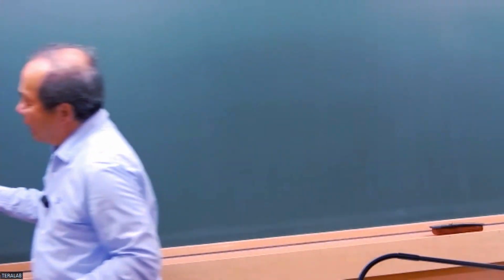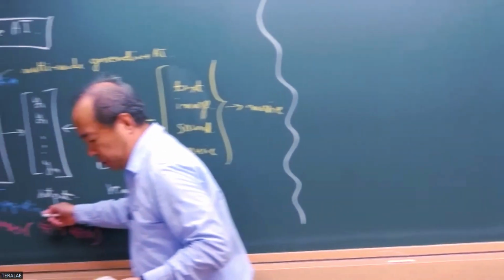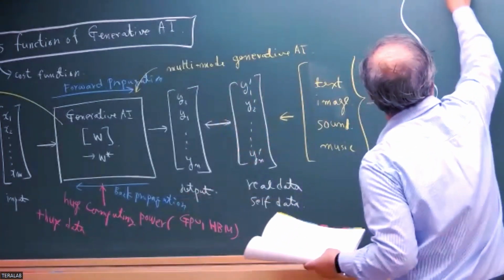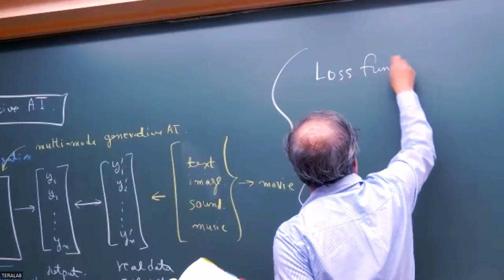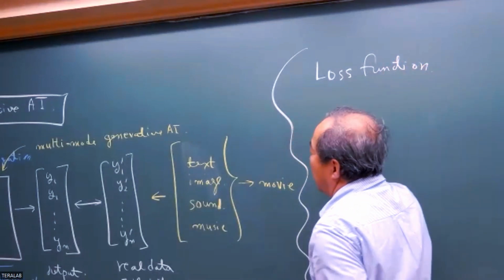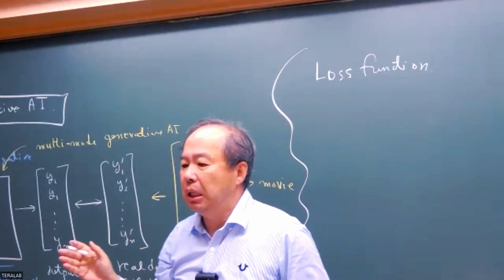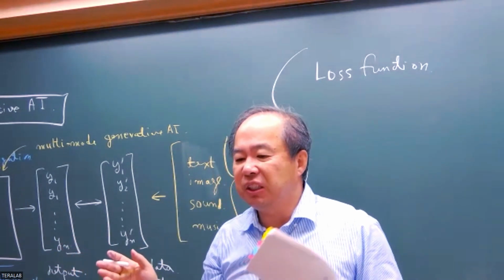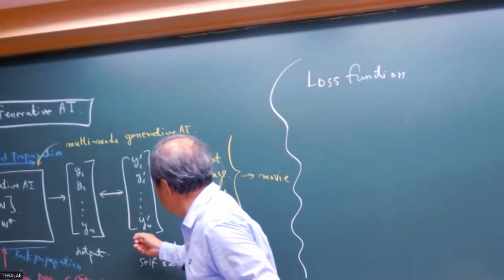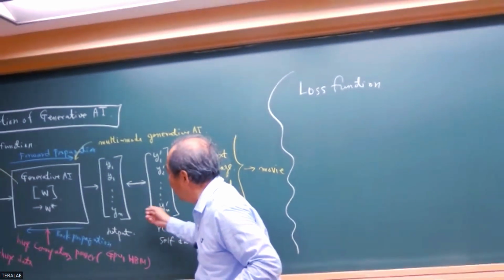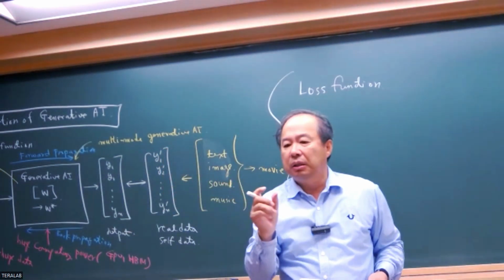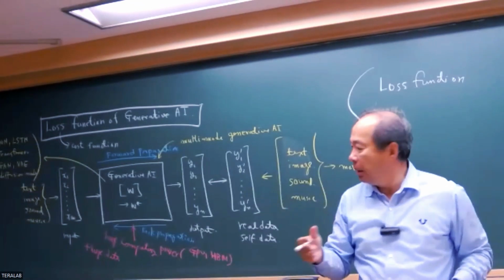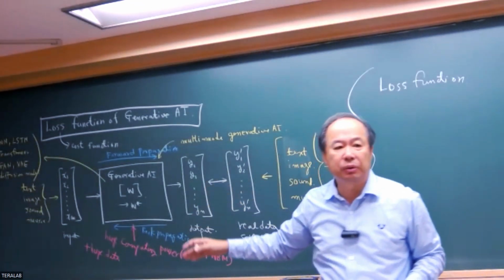When we start backpropagation, we have to define a loss function. Loss function is a description of the difference between real data, your target data, and your output. If the difference is large, it will accelerate backpropagation by a larger amount.